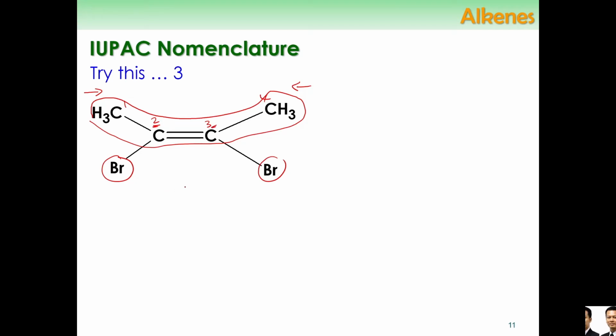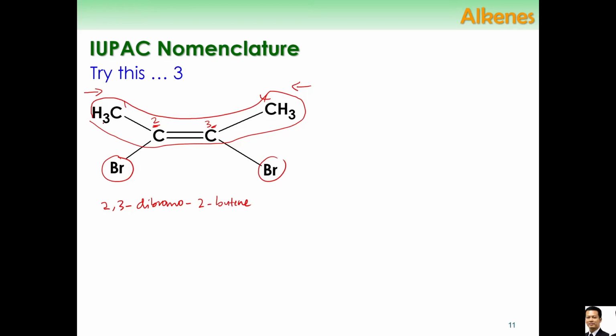So for 4 carbon atoms it is butene, the double bond at carbon number 2, 2-butene. So this one will be 2,3-dibromo-2-butene. Okay, is this finished?